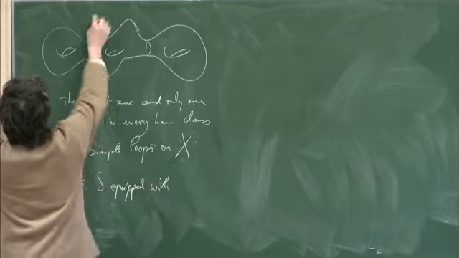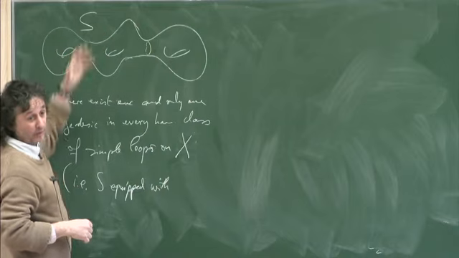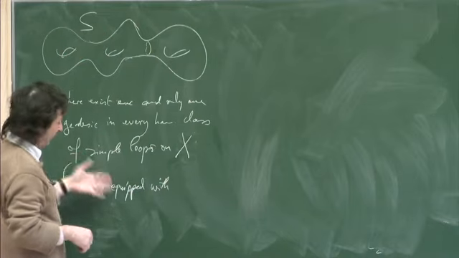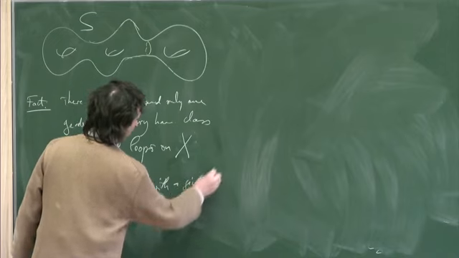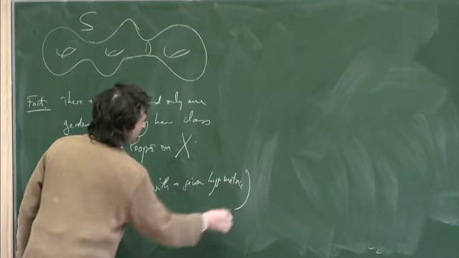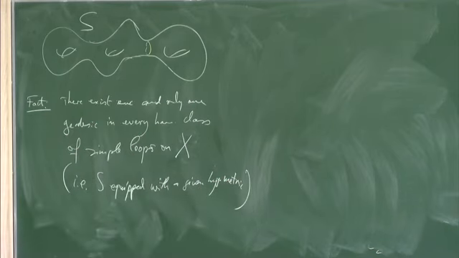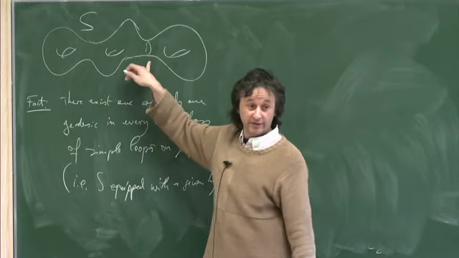Everything is modeled on S. I equip S with either a complex structure or a hyperbolic metric, same thing. So on a surface equipped with a given hyperbolic metric, there's one and only one geodesic per homotopy class. Okay, so I take this, so I can consider this as a geodesic.